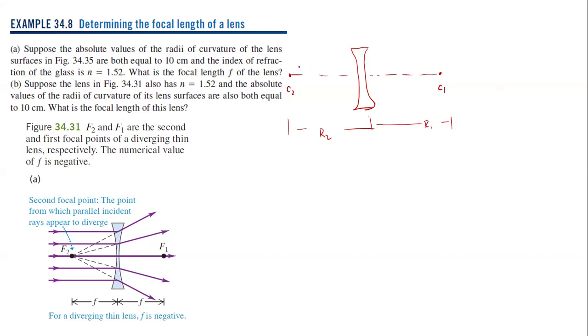This is the incoming light, and at F2 this is the outgoing light. If the center of the curvature is on the same side as the outgoing light, therefore R1 here is positive 10 centimeter.